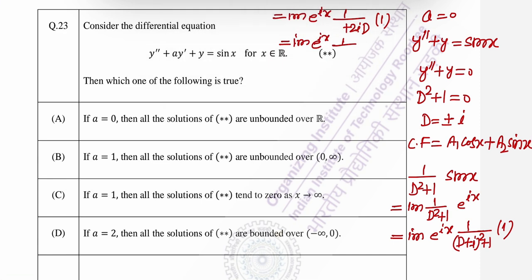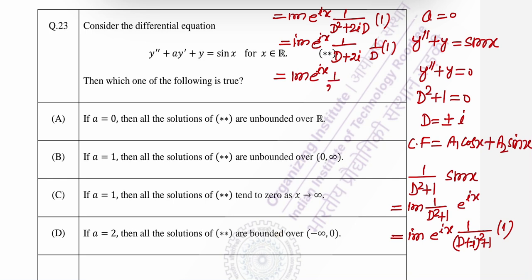Here will be D square, and if I take D common, then here will be D plus 2i, and here 1 by D into 1.